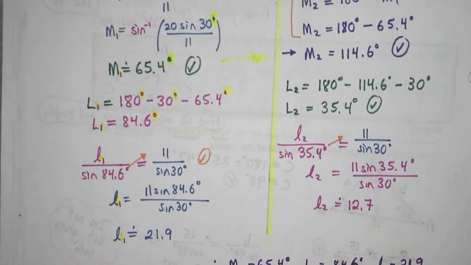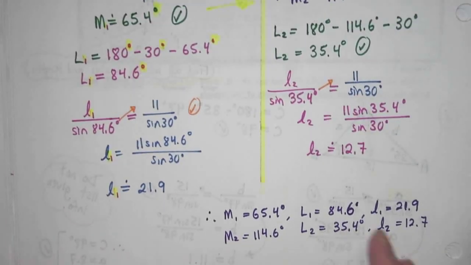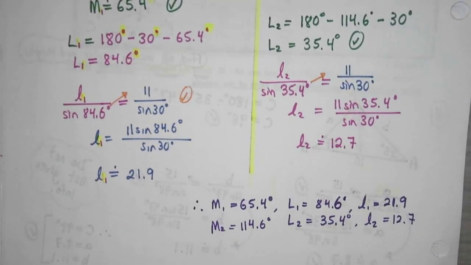And you can just list the next one: M2 is 114.6, L2 is 35.4, and L2 here is 12.7. You can list it all in one go, horizontally or vertically, and the subscript is nice, because I've had some people list all of it together and they get them mixed up. So just do all of 1, all of 2. You can do two separate ones, just make sure I can see both.